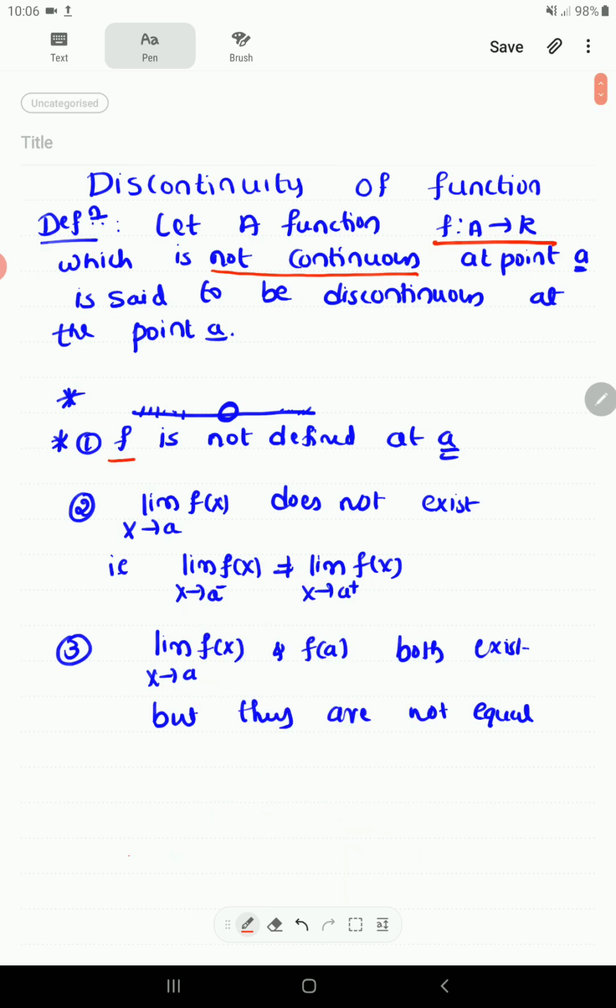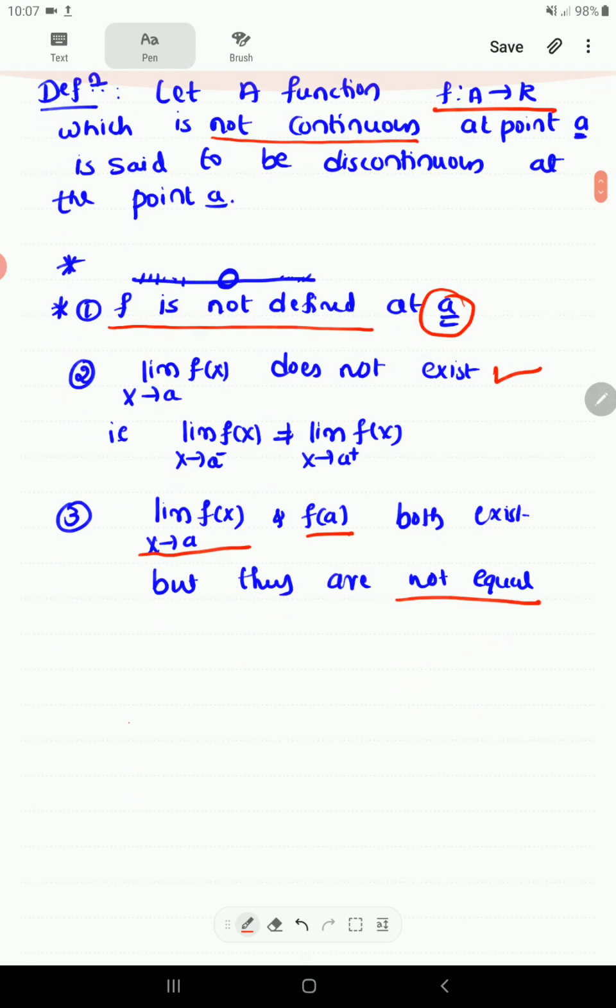Maybe the given function f is not defined at the given point a. Or the limit may not exist, in the sense that the left hand limit and right hand limit are not equal. The third case is that the limit exists and the function is defined at the point, but they are not equal. If any one of them fails, we say that the given function is discontinuous.